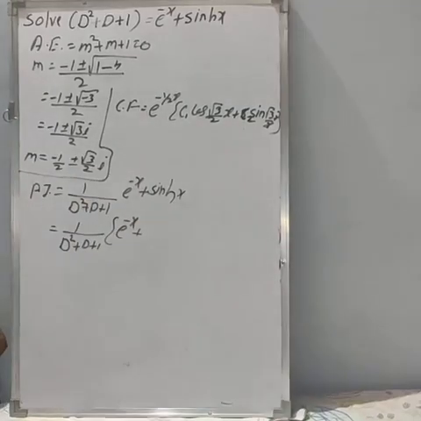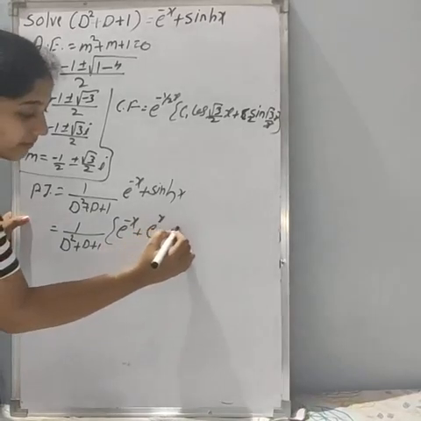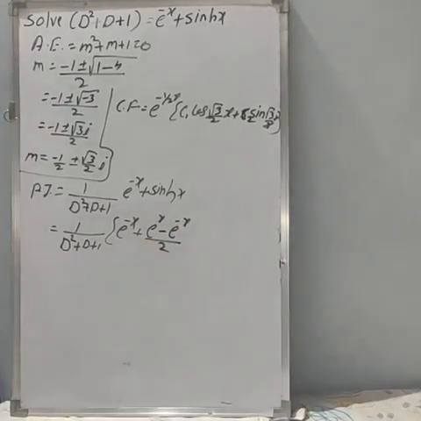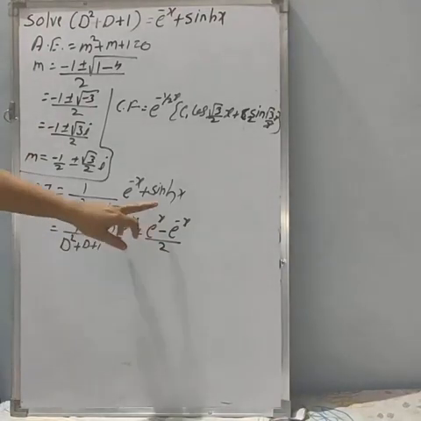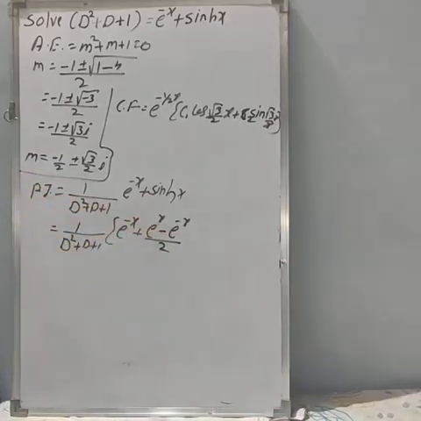We know the sine hyperbolic value in terms of exponential is given by e to the power of x minus e to the power of minus x divided by 2. In trigonometry you studied the sine hyperbolic and cos hyperbolic values and how to write them in exponential form. So this is the sine hyperbolic value, e to the power of x minus e to the power of minus x divided by 2.